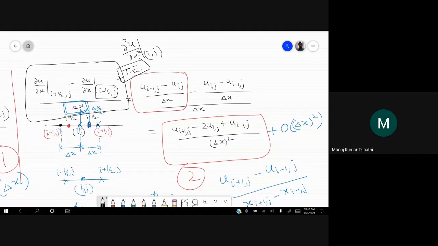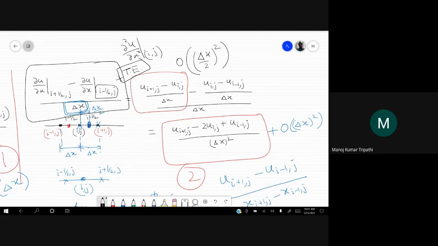Actually, that will be order delta x by 2 square, because here we have i minus half and i plus half. The distance from point i to i plus half is delta x by 2. So you will get order delta x by 2 square, which is similar to order delta x square.